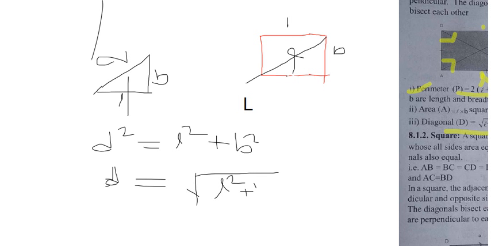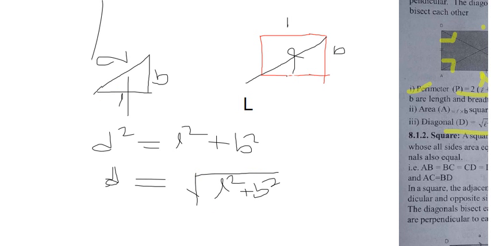This is the formula for finding the diagonal. If you want to find this diagonal value, that diagonal value is equal to under root of L square plus B square. How will you get it? With the help of Pythagoras law.